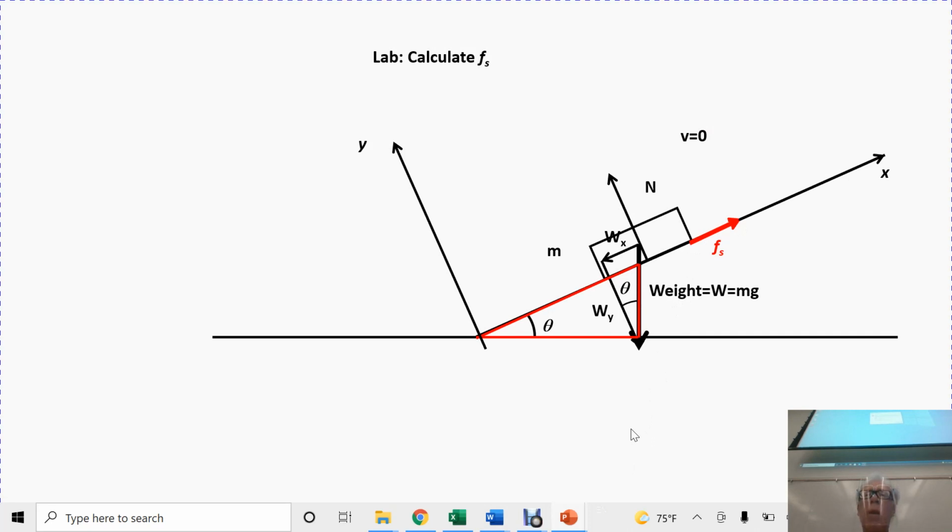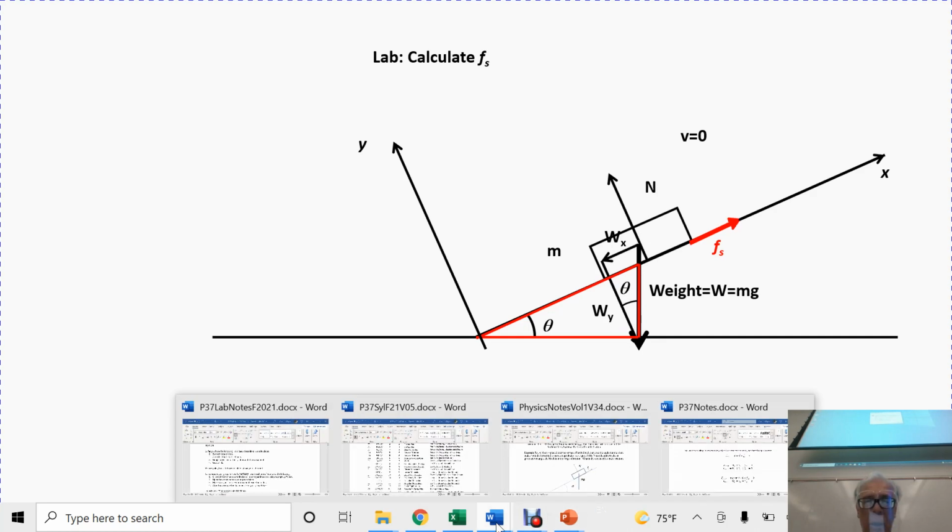Now let's worry about the y components. The weight is down. And by the way, this Wx should be minus mg, right? I didn't put that minus. It should be minus mg sine of theta. And this one should be minus mg cosine of theta, the y component.